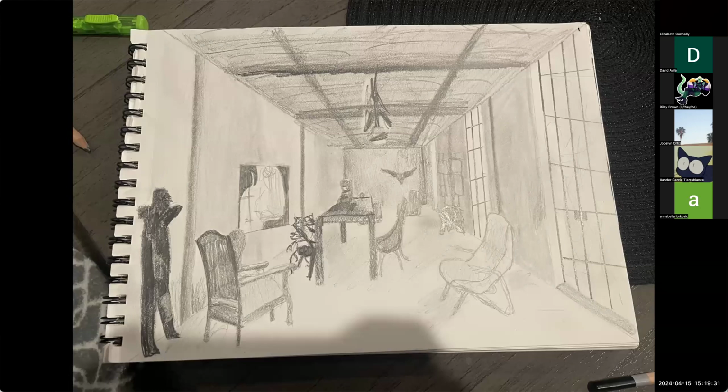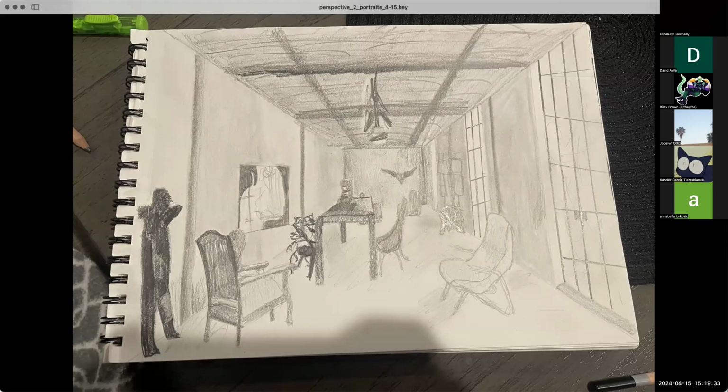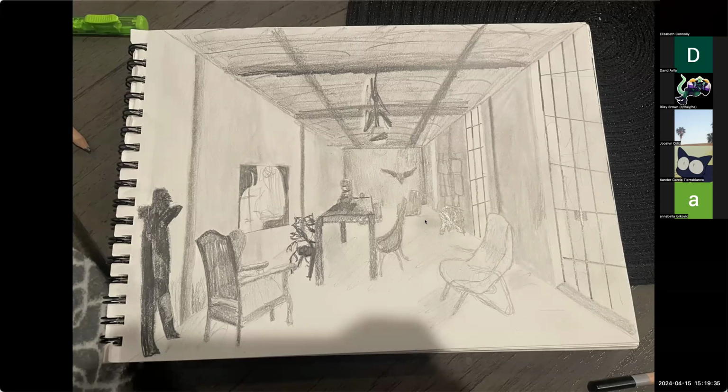So it looks good. Here are some tips. You've got the overall perspective, the shape of the room, going really well. The place where it starts to get funky is on your window. Yeah, I was having a little hard time with that one. So here's a quick way to cheat and figure out how to do it.